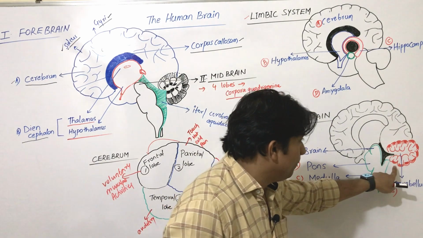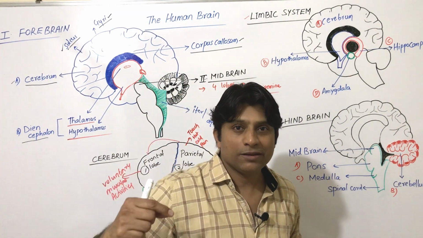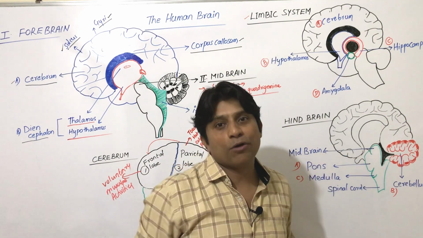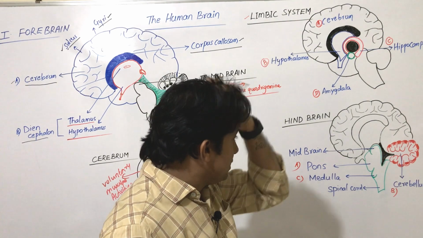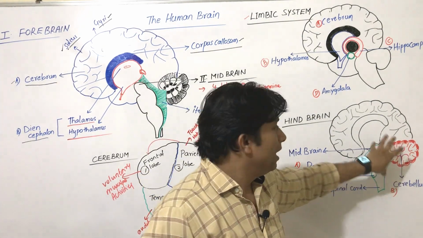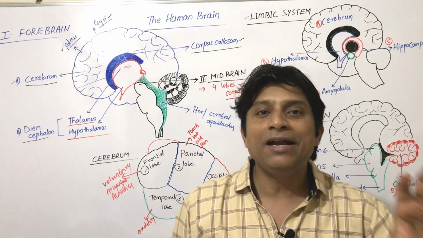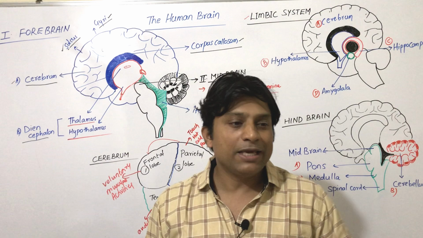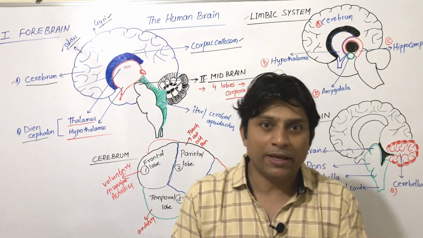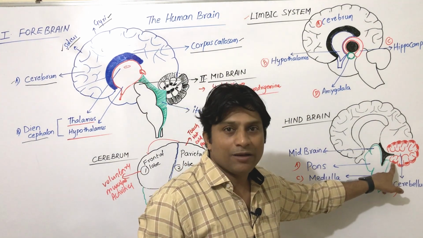Next, cerebellum. Just look at the cerebellum. Cerebellum is more convoluted. This is also to provide space for accommodating more number of neurons. And cerebellum is also a lobed structure, and the cerebellum controls and coordinates the voluntary activities like walking, right, or in case of skipping, this voluntary coordination is brought about by cerebellum.